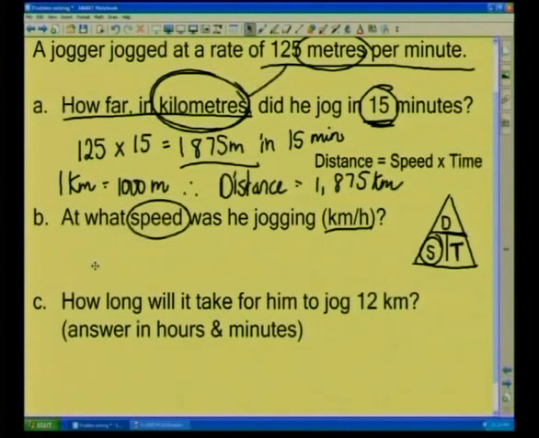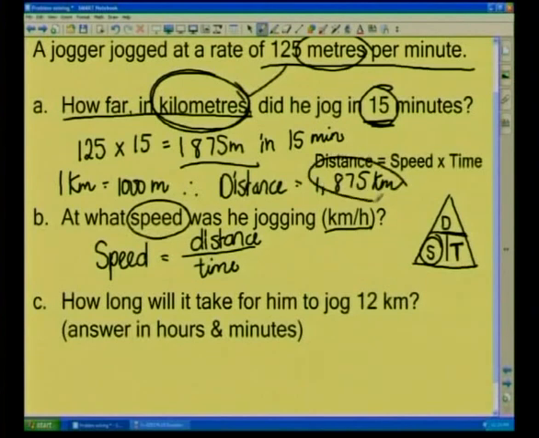So speed is equal to distance divided by time. And it doesn't matter which information we use. We can either use this bit of information for 15 minutes, or we could use this bit of information in 1 minute. I'm going to use this because it's better numbers to use.